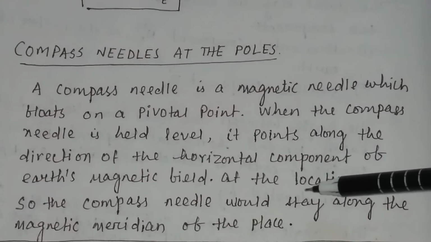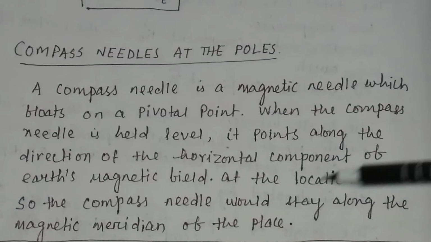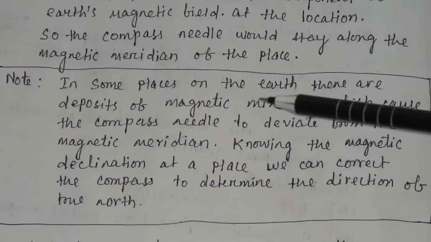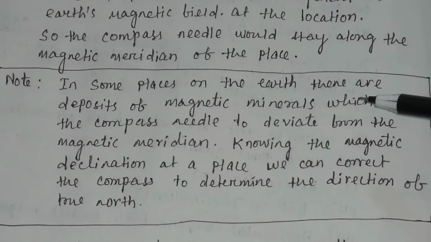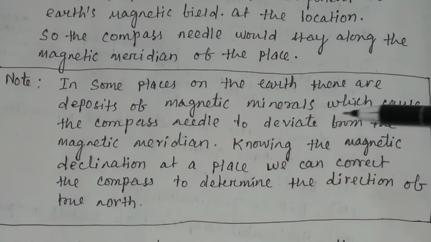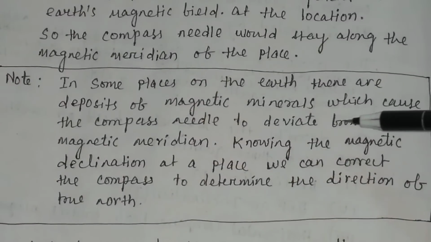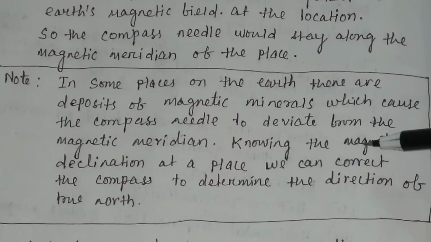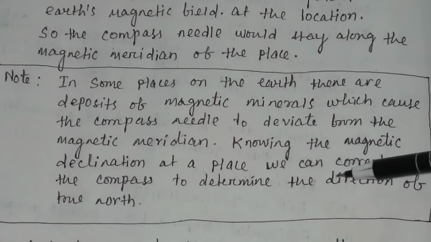So the compass needle would stay along the magnetic meridian of the place. You should note that in some places on the earth's surface there are deposits of magnetic minerals which cause the compass needle to deviate from the magnetic meridian. Knowing the magnetic declination at a place, we can correct the compass to determine the direction of true north.